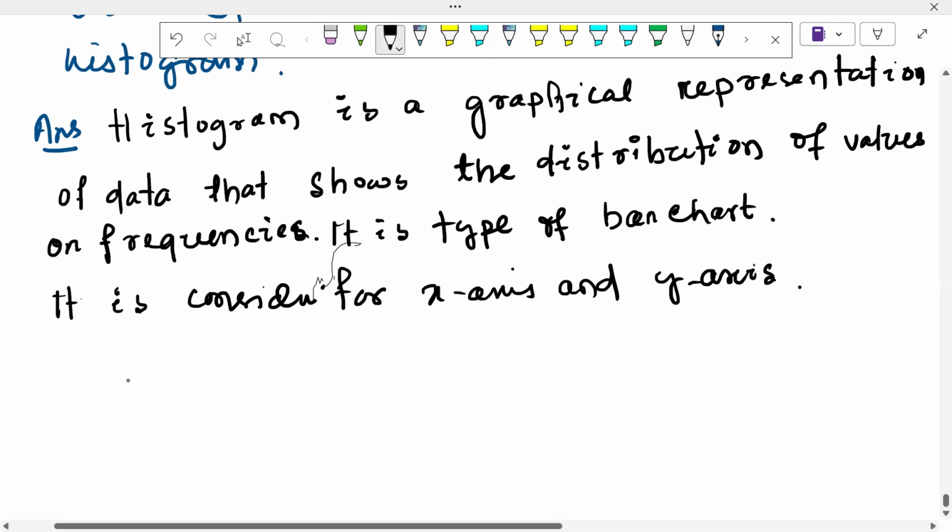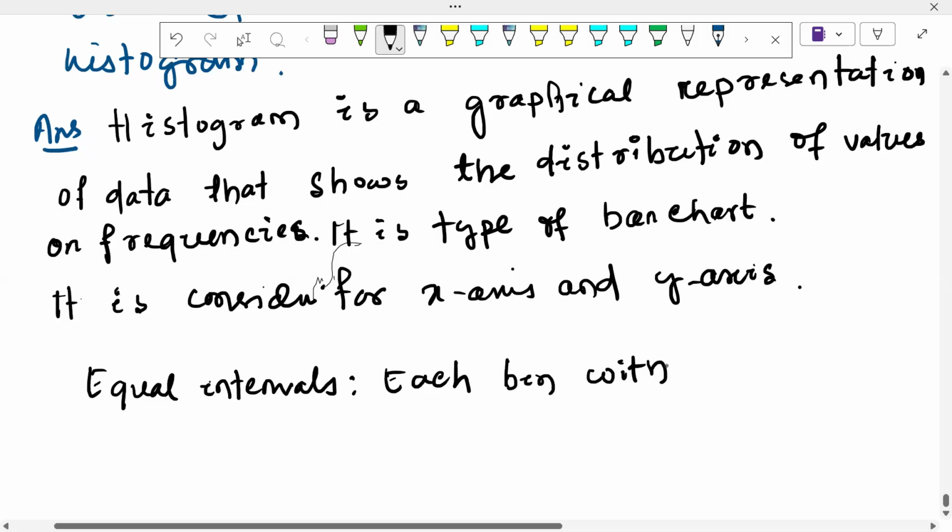Equal intervals: each bin has the same width or range.